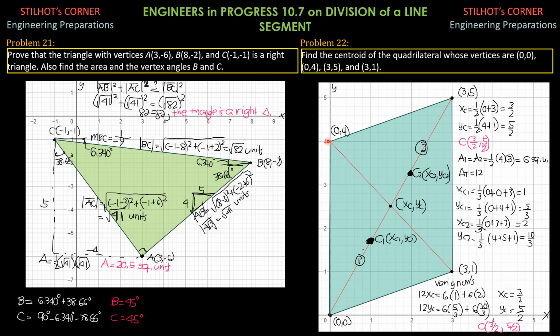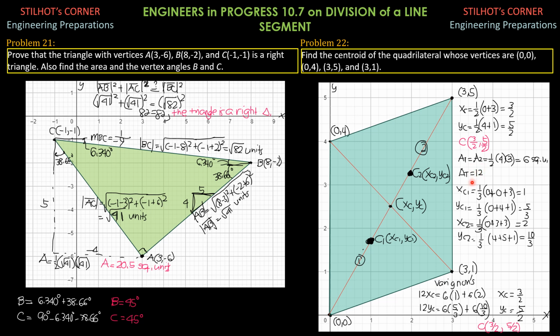This is 4 units, and that is 3 units, 1, 2, 3. Area is 1/2 of base 4, height 3, which is 6 square units. So the total area is 2 times 6 or 12 square units.